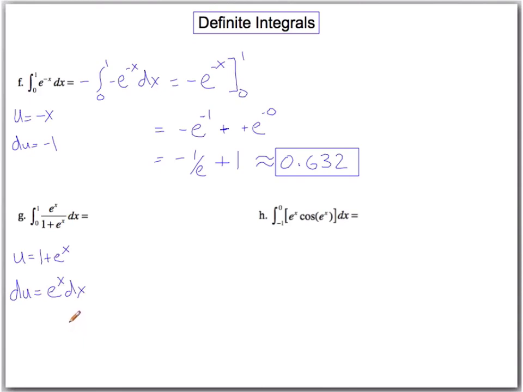So now, if I were to use u substitution, okay, do I have an e to the x dx? Yes, I do. So another way that we can think of this is u prime over u. Now hopefully you've seen this before and can recall that the integral of u prime over u is just natural log of the absolute value of u, and we would evaluate then that from 0 to 1.